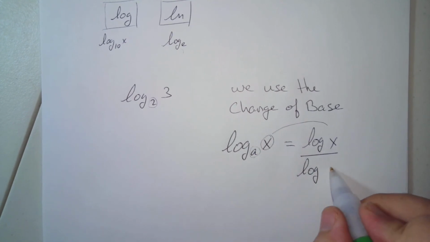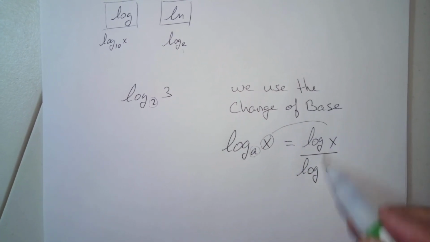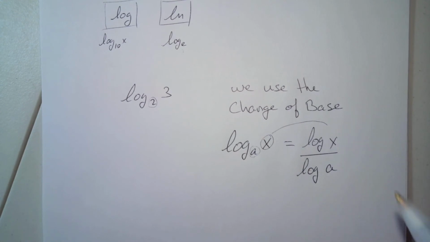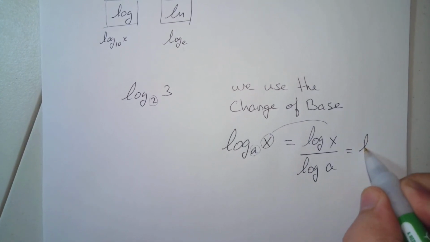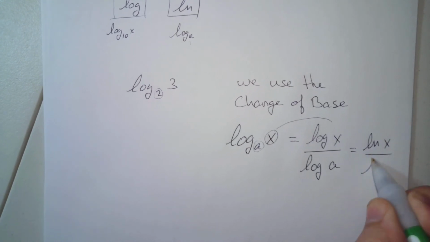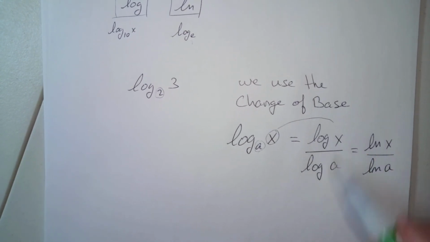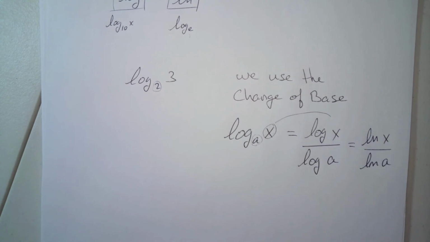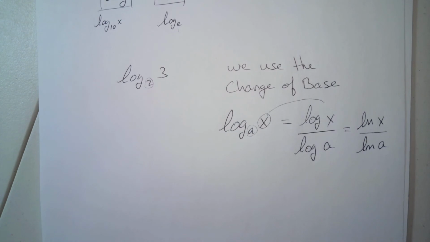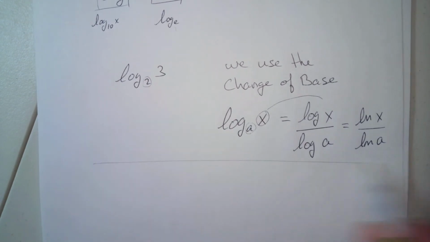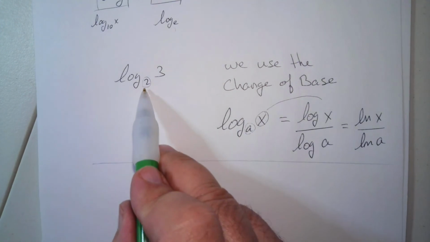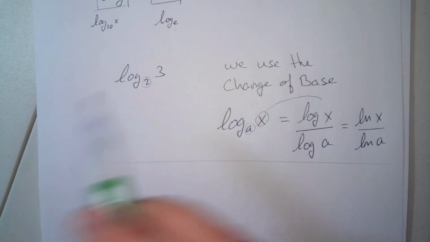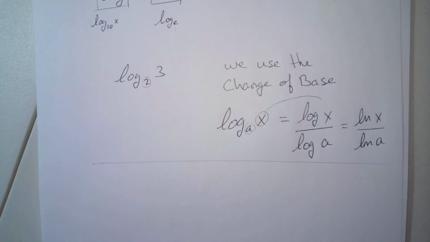Whatever's on the base goes to the bottom one. So now these are both log base 10s. You can use a calculator. Or if you wanted to, you could use the ln function. Because it's not the actual numbers, it's the ratio of the numbers that's going to give you the answer. All right? So that's pretty important. So whenever you have a base other than 10 or e, if you use a calculator, you have to use the change of base.